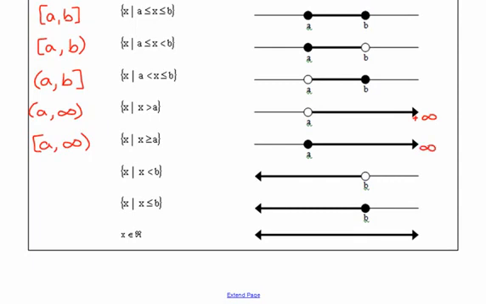Same idea. If we're less than b, what are we between? We're between negative infinity and b. So we'd write a round bracket, negative infinity, comma, b, and it's not equal to b, so round bracket. Same idea here, except now we're equal to b, so negative infinity to b closed. And if it's all real numbers, what is it between?